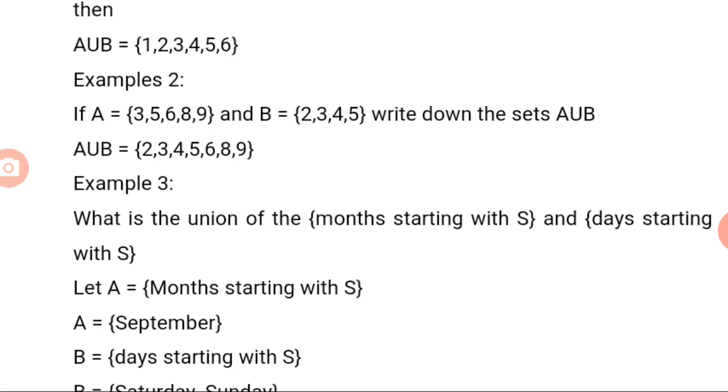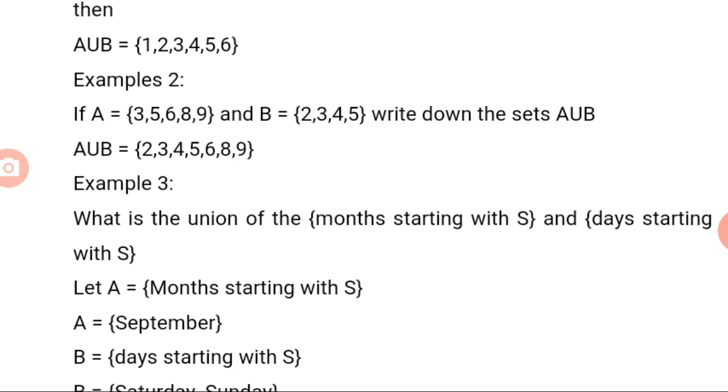What is the union of the months starting with S and days starting with S? Now, let A equal months starting with S. Is that clear?